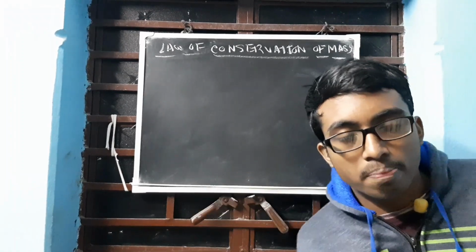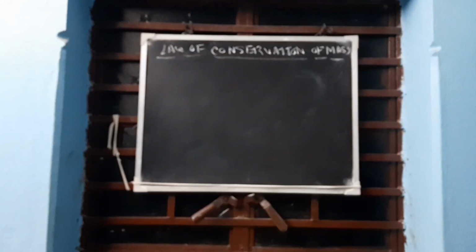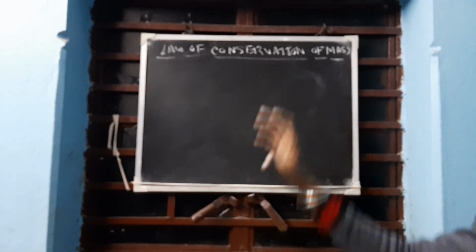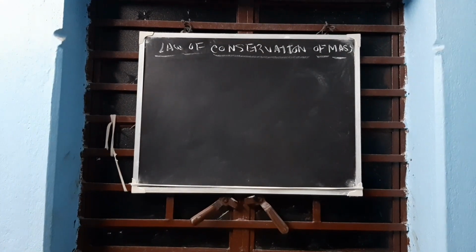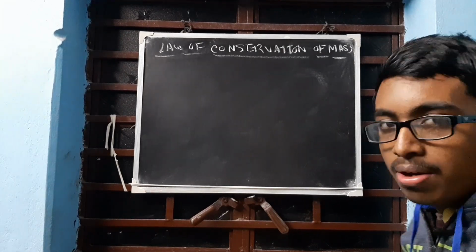How an element will combine with a chemical, in what ratio they will do it, all are governed by these 5 different rules. Out of which the first rule we are going to study is the law of conservation of mass. The law of conservation of mass you have read in many classes, right?